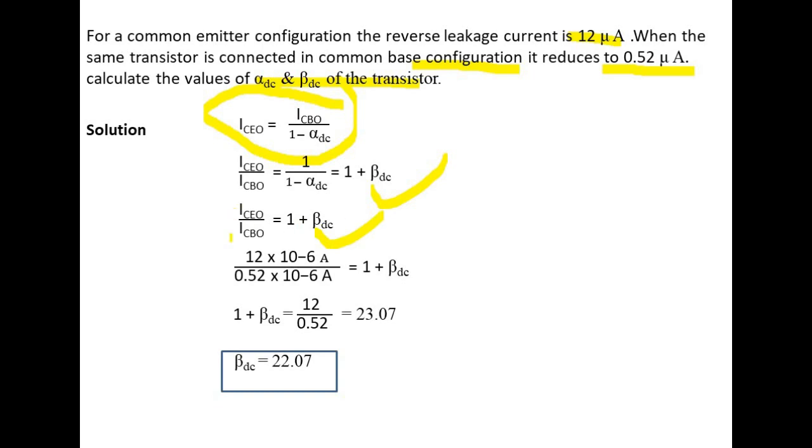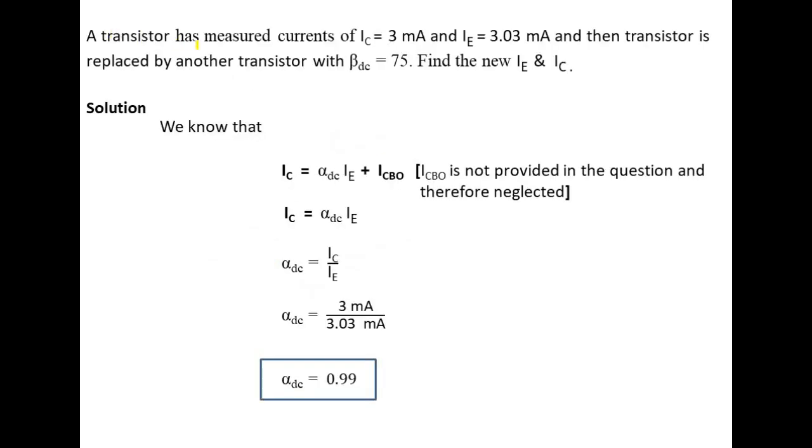Putting the values of ICEO and ICBO in this equation, we have got beta DC as 22.07. So using the relationship alpha DC is equal to beta DC upon 1 plus beta DC, we can solve alpha DC as 0.956.